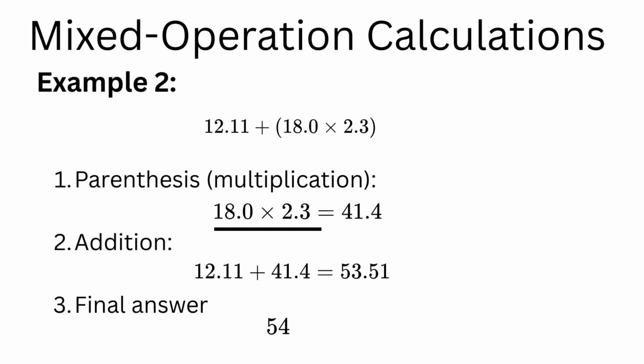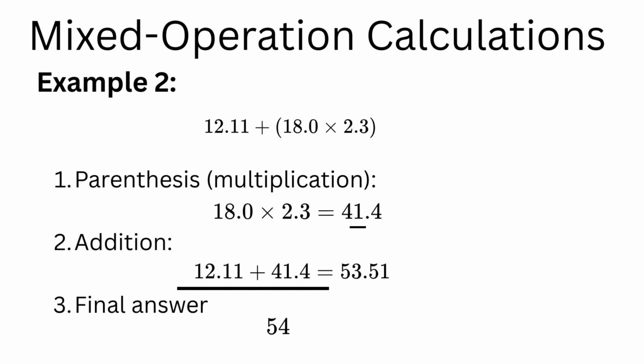But understand this, you are only allowed 2 sigfigs because it's multiplication, and 2.3 has the fewest number of sigfigs. So again, if it makes you comfortable, underline the 1 of 41.4. This will give you a signal in your next operation how many digits you're allowed to keep in the first operation.